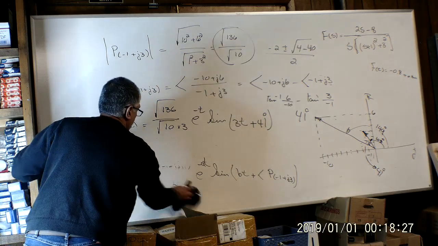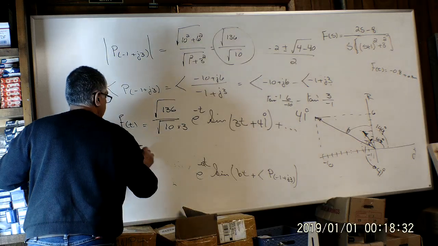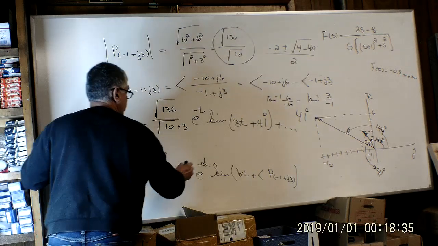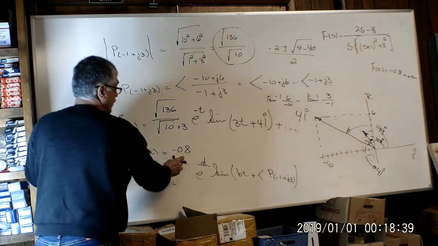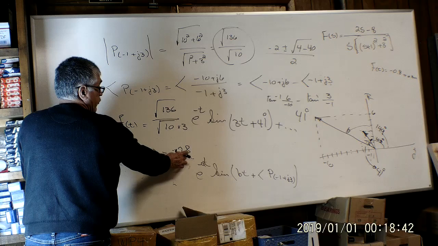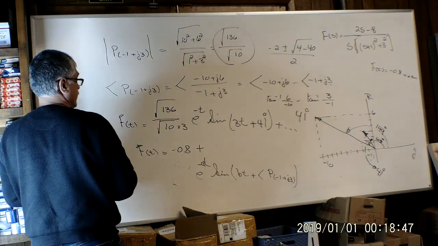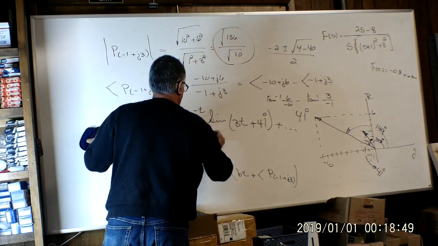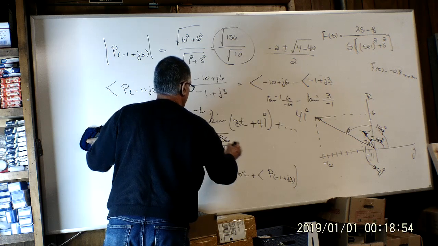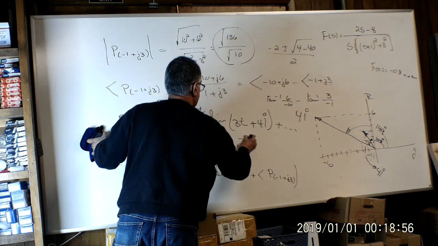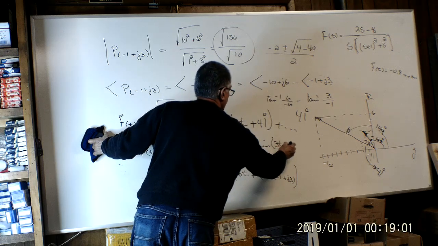So plus our other term. Our complete formula for our function will be minus 0.8, which is associated with our real number, plus the square root of 136 divided by 3 square root of 10, e to the power minus t, sine of 3t plus 41 degrees.